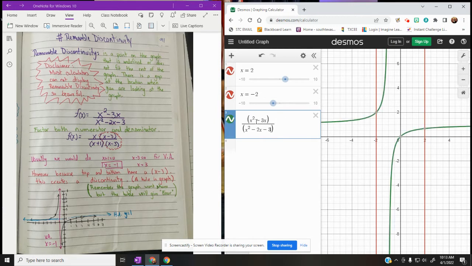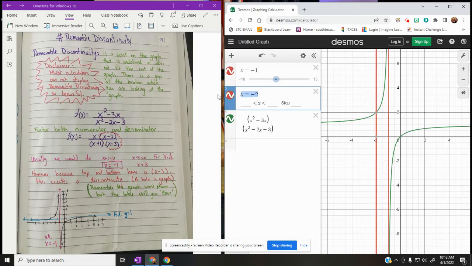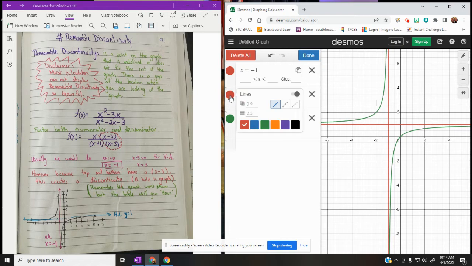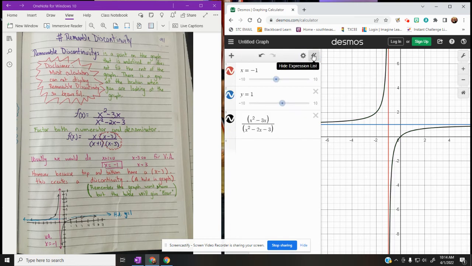Let me see, did I write that down right? x squared minus 3x over x squared minus 2x minus 3. And then I had a vertical asymptote of x equals negative 1, and then I had y equals 1. Okay, I'm going to try to change these colors real quick to kind of match my graph. And then this one is black.